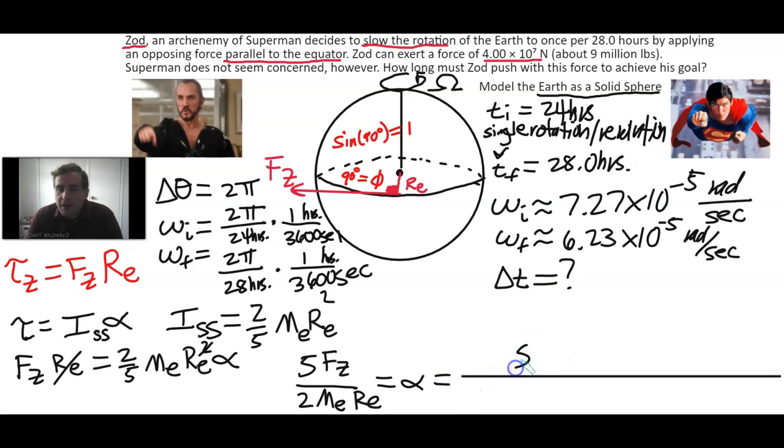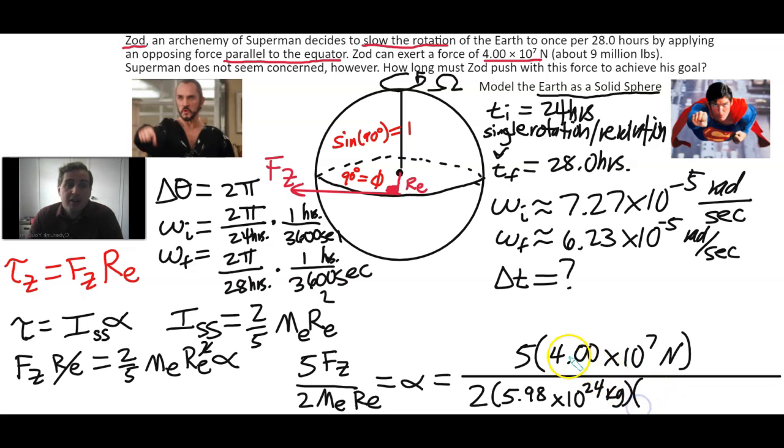Okay, so 5 times the force of General Zod. We said that that was 4 times 10 to the 7th newtons. 4.00 times 10 to the 7th newtons. And we divide that by 2 times, what's the mass of the Earth? You can look this up. It's approximately 5.98 times 10 to the 24th kilograms. You can look that up in many books and online sources. The fact that I know that memorized makes me a big nerd.